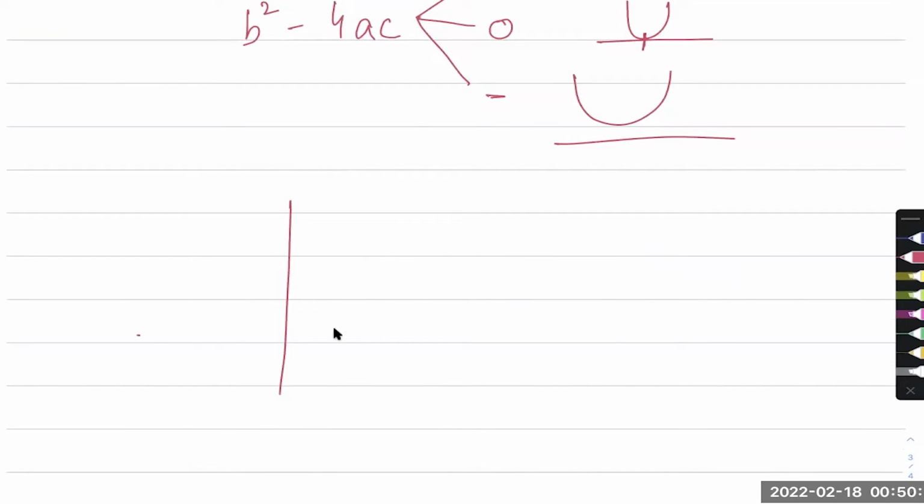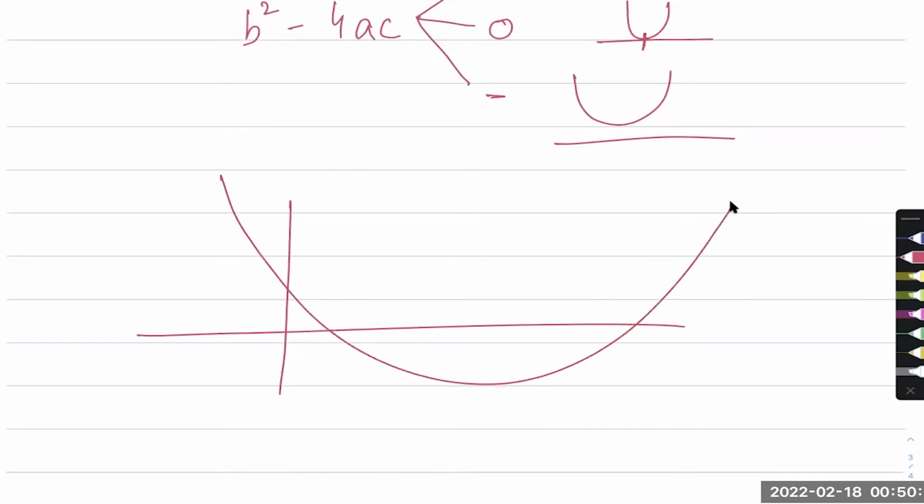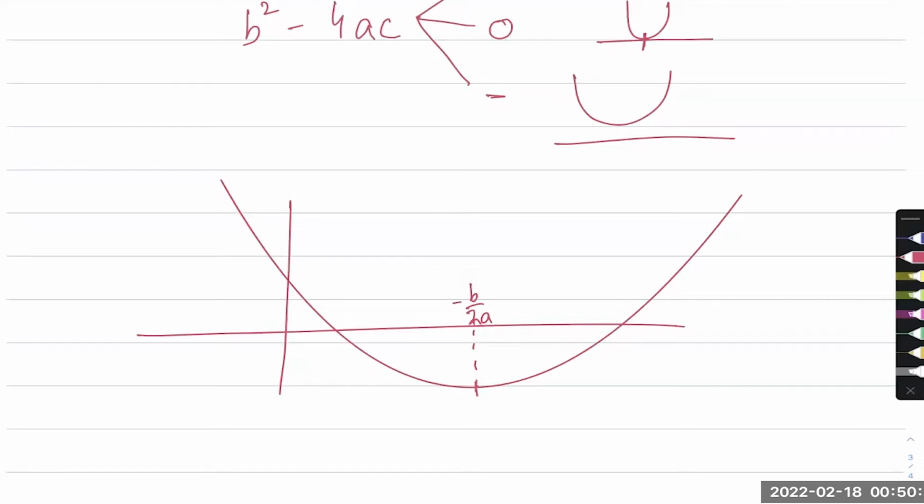If you look at this curve, let's say this is a parabola. This is my vertex. What is my vertex? Minus b over 2a, right? And these roots are a certain distance away from it. Let's say that distance is k.